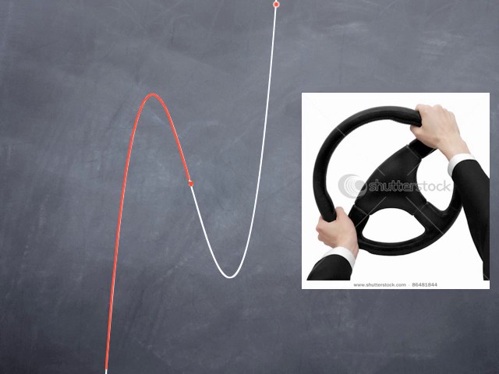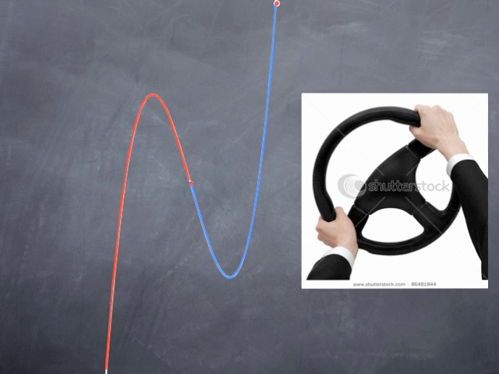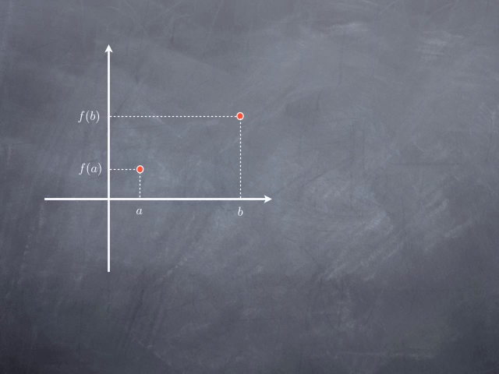Similarly, we need to know on what portion of the curve we have a shape that corresponds to turning right or to turning left. So let's try to clarify this. Let's say I know that the function is increasing on the interval AB, so it goes between these 2 points.